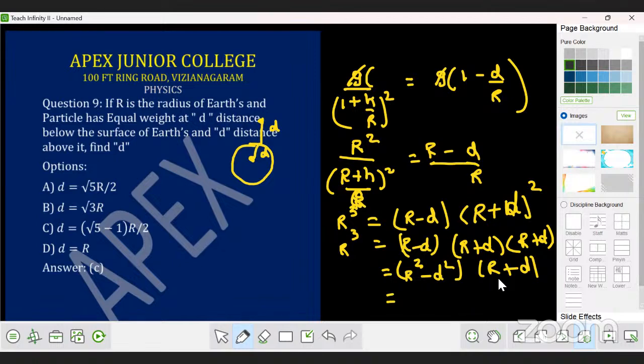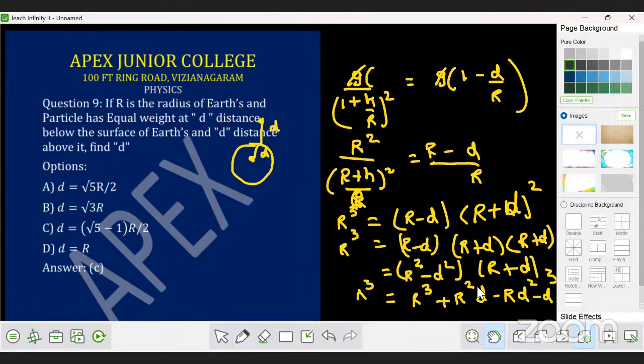Now you can multiply this r square into r square, r cube plus r square d minus r d square minus d cube. This is equal to r cube only. Of course, this r cube, when it goes to left side, it becomes 0 only. Okay.